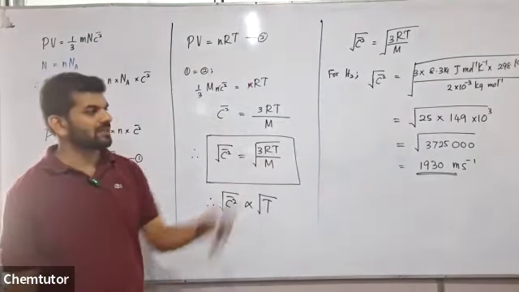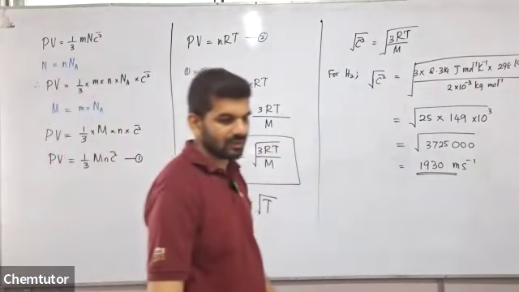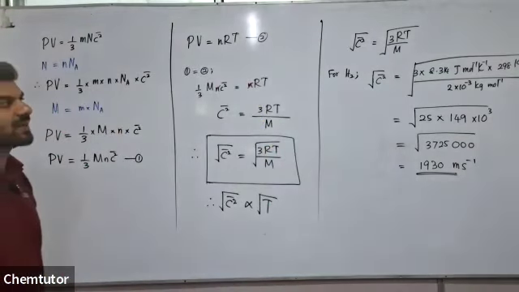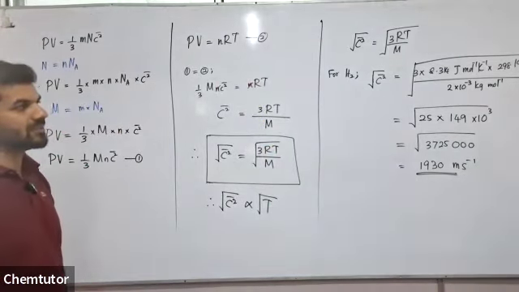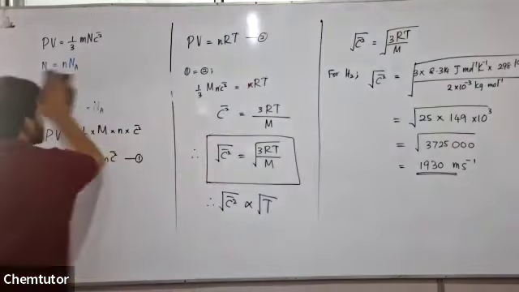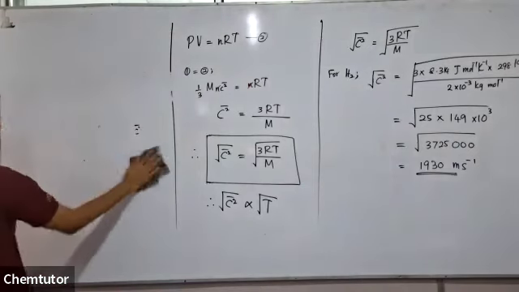Right, so it is 1930. Is it clear? Right. Then let's find the root mean square speed for nitrogen as well. Right, second question.